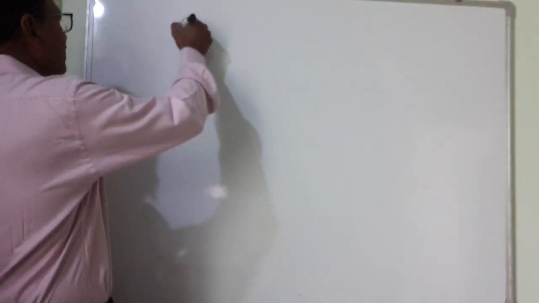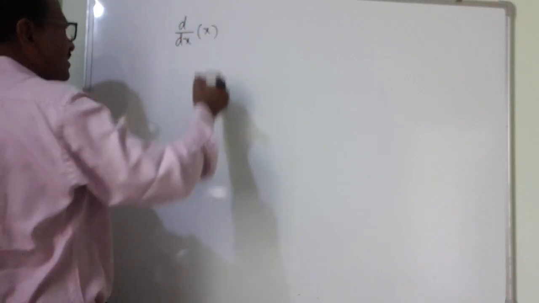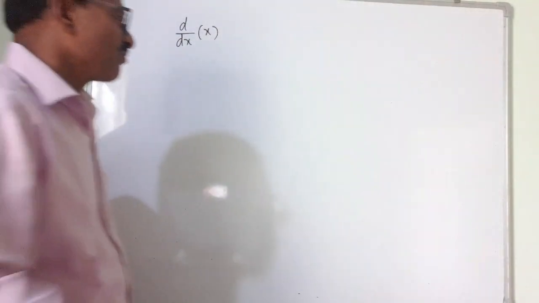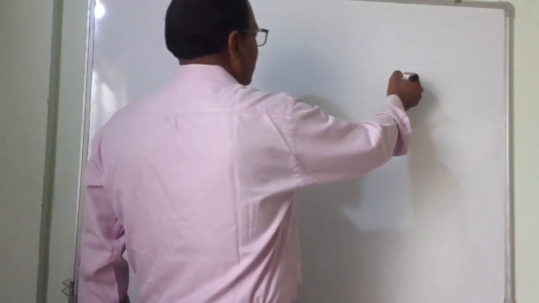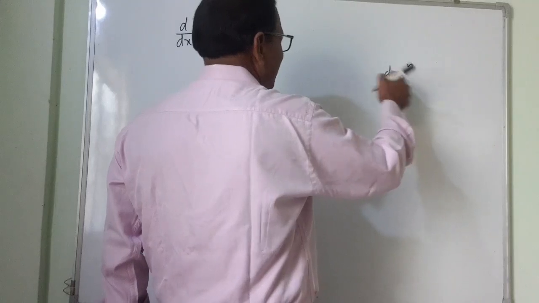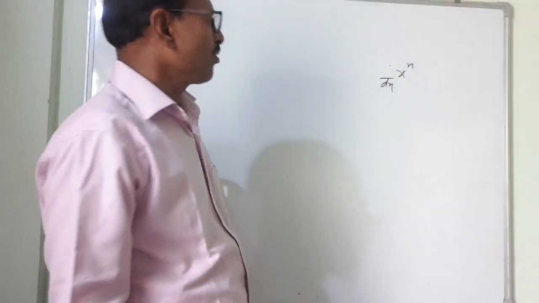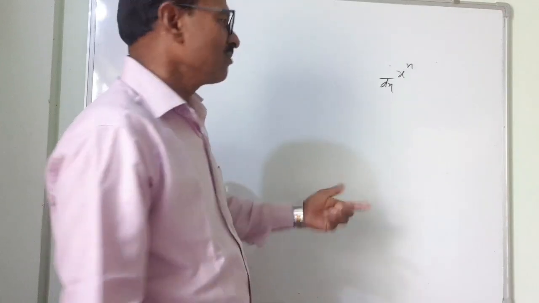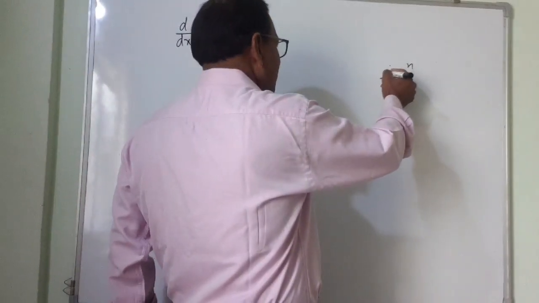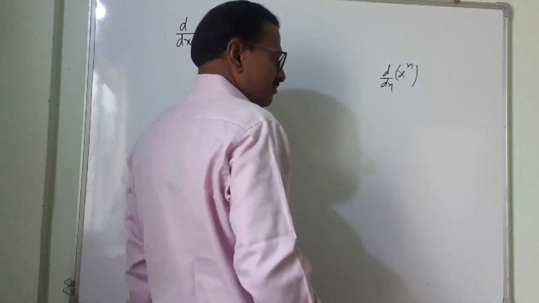Suppose d by dx of x raised to n, the derivative of x raised to n. This d has no meaning by itself, but we cannot write it as d upon dx x raised to n, so to mention it, it is the derivative of x raised to n.